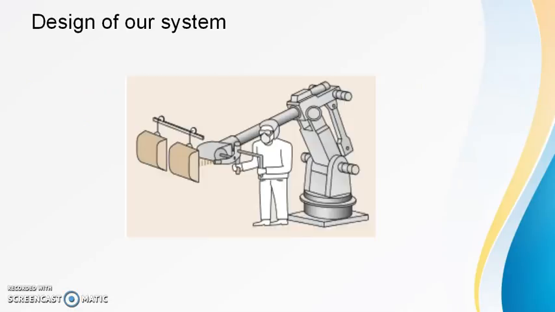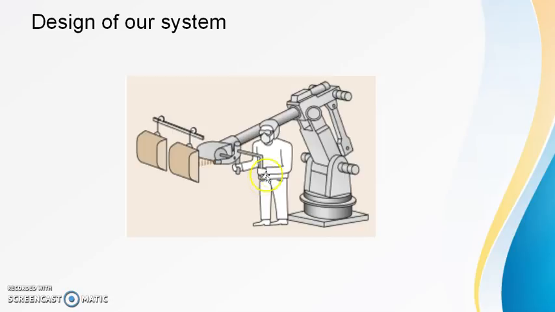Next, we would like to talk about the design of our system. This is basically our design, and this is a homokinetic joint, and this is a camera for the robot, and the transmitter and the receiver, and the LCD display to allow the user to observe what the robot is doing now.